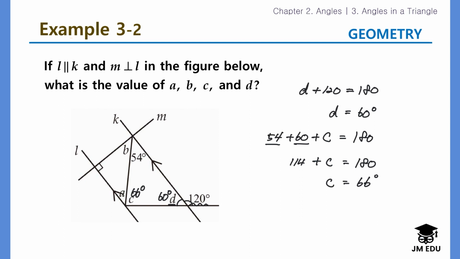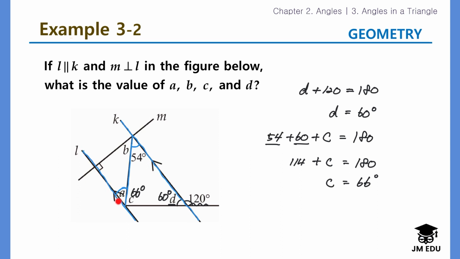So far so good. Okay, let's find angle A. Here, these two lines are parallel, right? And this is like a transversal, right? So look at this. This angle right here, this angle right here, they are alternate interior angles, right?